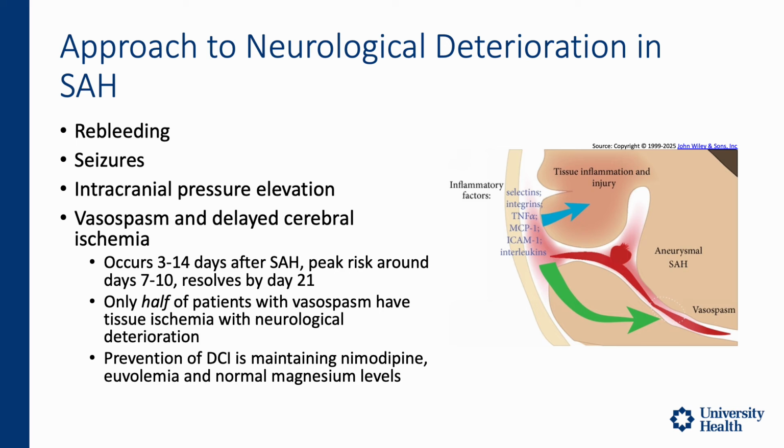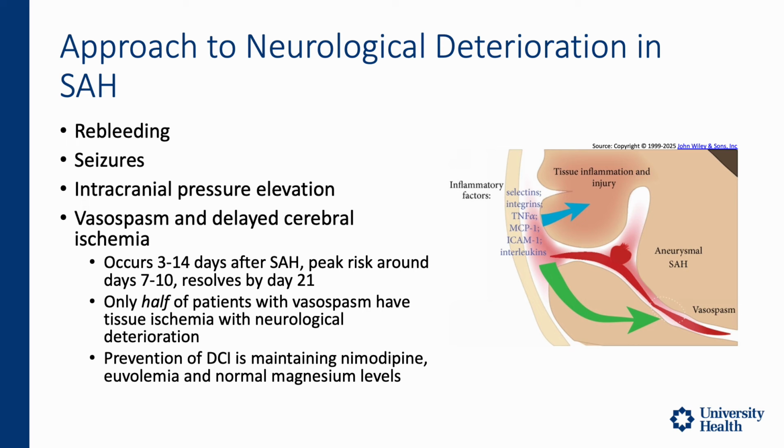Seizures, intracranial pressure elevation, especially as most of these patients have EVDs, external ventricular drains, which is a drain that goes into the brain just like it sounds, and it measures your intracranial pressure. So if their intracranial pressure starts getting higher than 20 millimeters of mercury, and it's refractory to hypertonic boluses, then you're concerned that maybe they might be having worsening bleeding, for example.